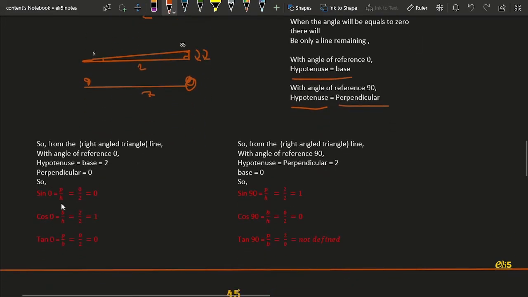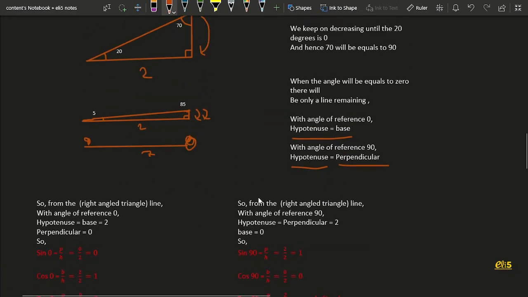So sine 0 equals perpendicular by hypotenuse, perpendicular is 0, hypotenuse is 2, so sine 0 will be 0. Cos 0 equals base by hypotenuse, base and hypotenuse are the same, so 2 by 2 equals 1. Tan 0 equals perpendicular by base, perpendicular is 0, base is 2, so that will be 0.